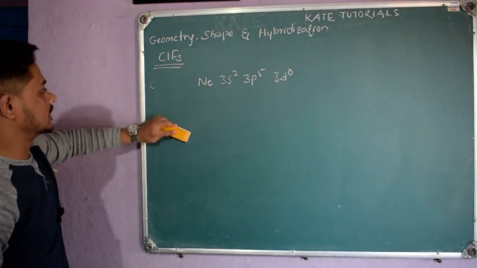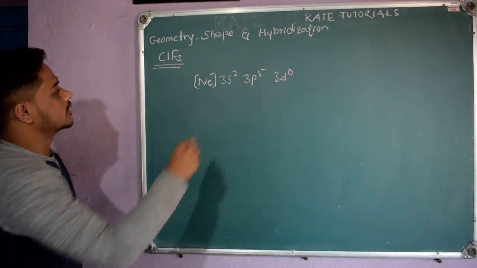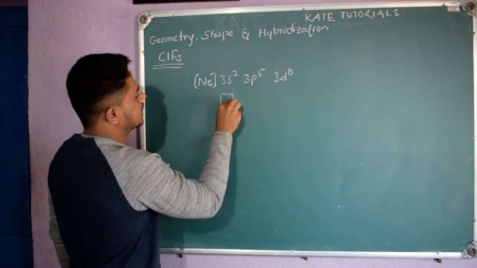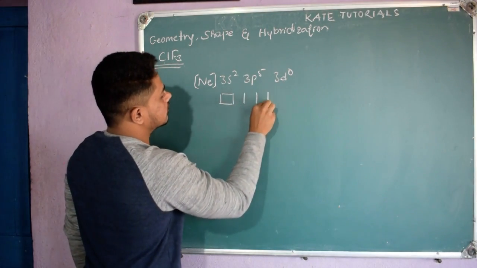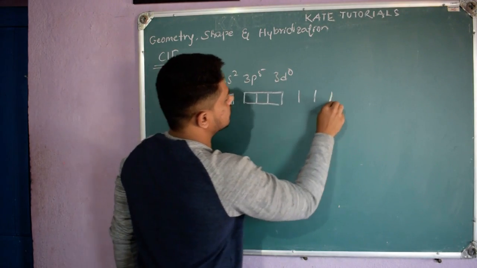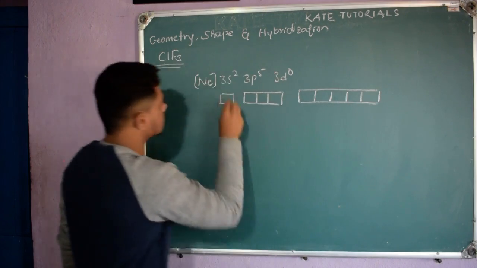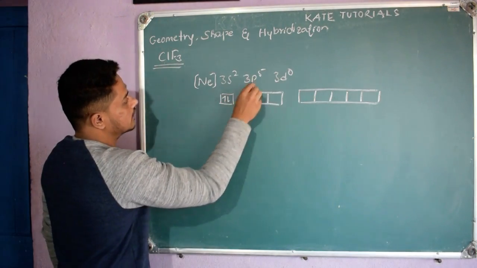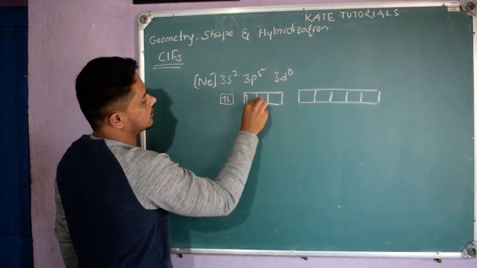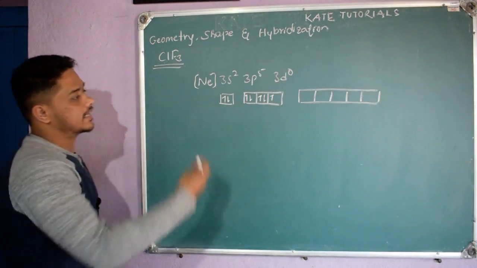So can I write it like this? 3s2 means 2 electrons, p means 3 orbitals, and d means 5 orbitals. 3p5 means 5 electrons, 1, 2, 3, 4 and 5, and 3d0 has no electrons.